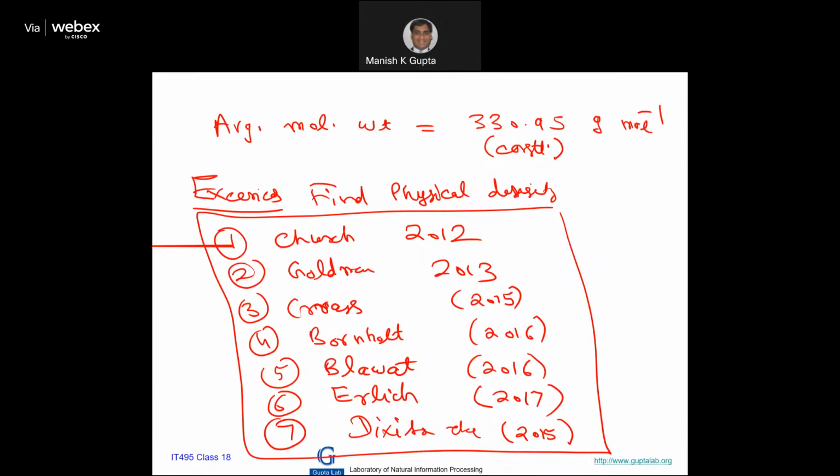If you are in doubt, you can always look at it, but it's good practice to compute. As an engineer, if you come up with any scheme, you should know the physical density of that scheme, right? 1 gram of DNA can store how much information? This is something you should know how to compute, so I'm leaving this as an exercise.